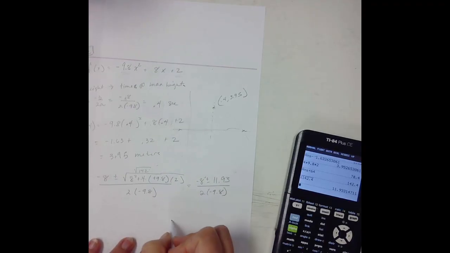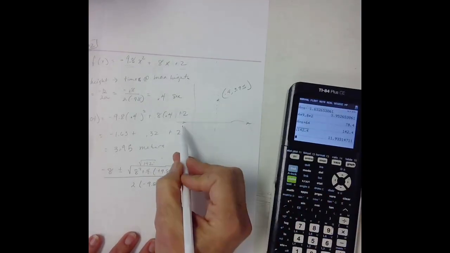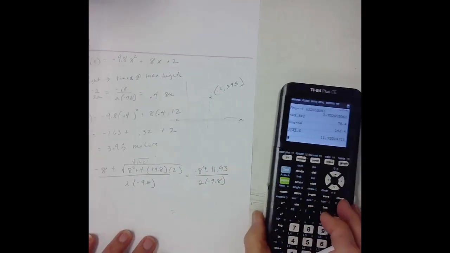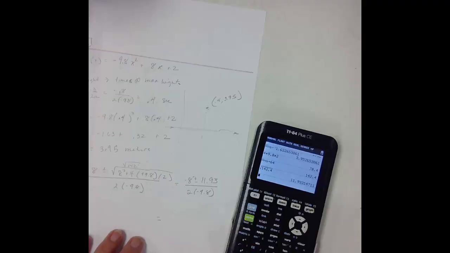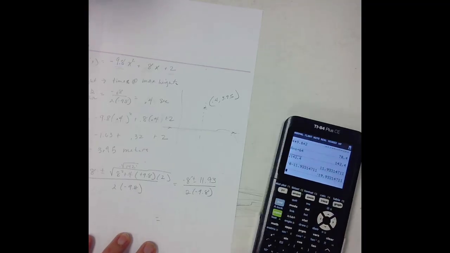So the two parts that you're going to have, you're actually finding these two intersection points. But the first one, if you notice, if I take the negative 8 and I subtract my 11, I'm going to get a negative number, so I'll have a negative 19.9 divided by 2 times 9.8, which would be a negative 19.6.